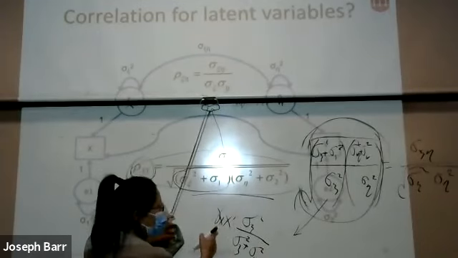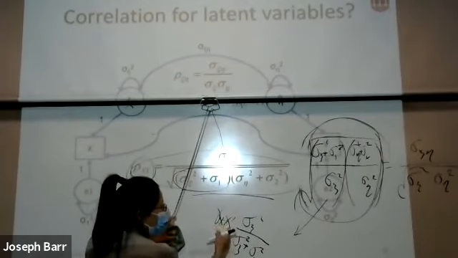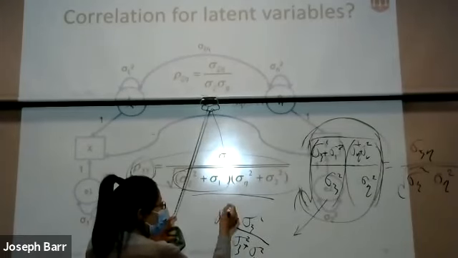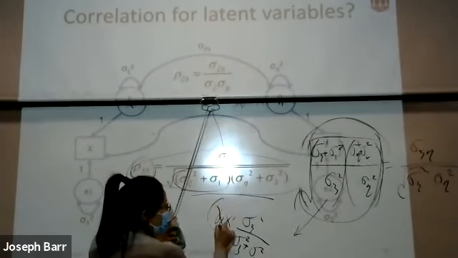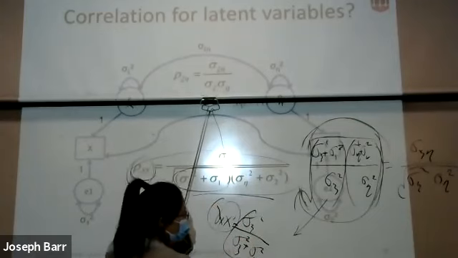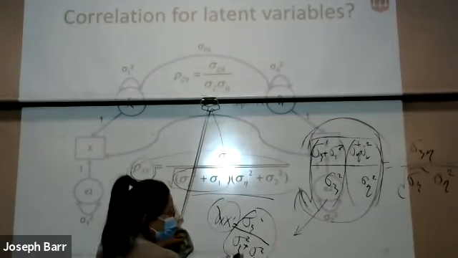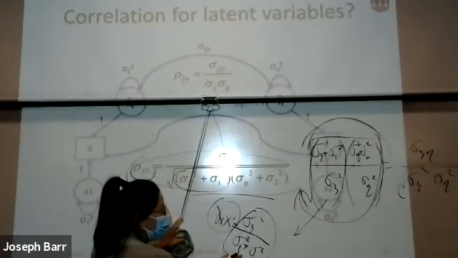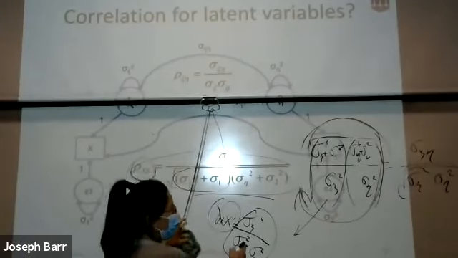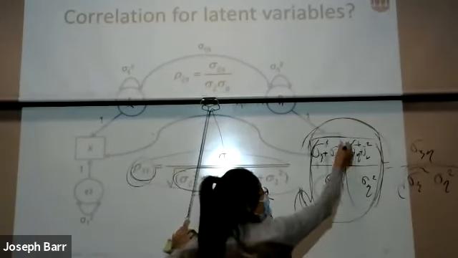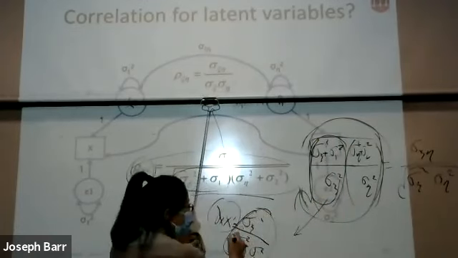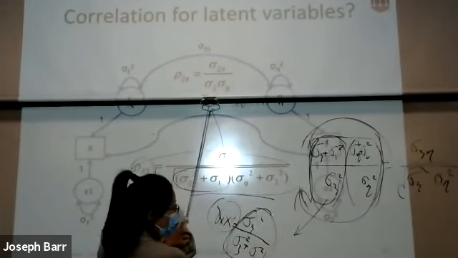The reliability of X and X prime is actually the correlation between these two. It is this definition. We just define the reliability as this formula. So let's compare this term and this term. It's just the reciprocal of the reliability.